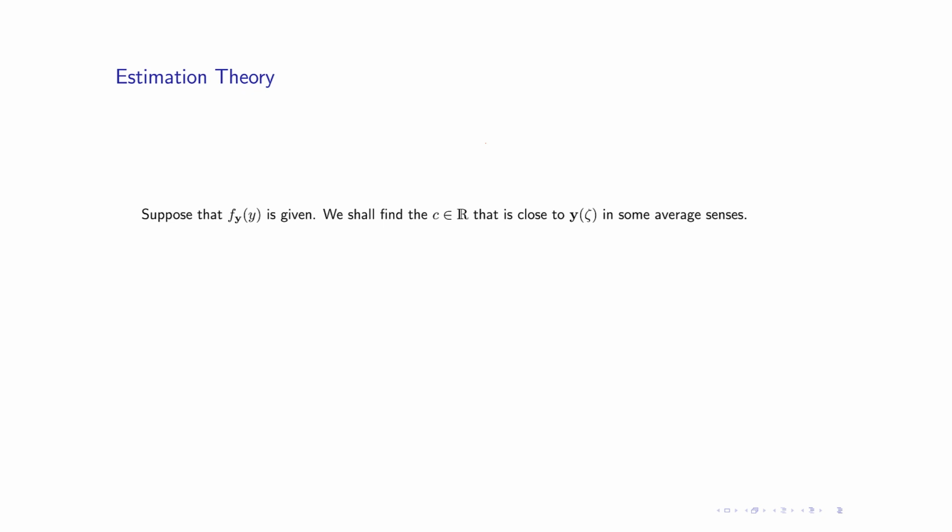Suppose that the distribution of a random variable is given to you. This is the simplest case that I could imagine. And we want to find a real value such that this real value is very close to the outcome of your experiment in some average sense.